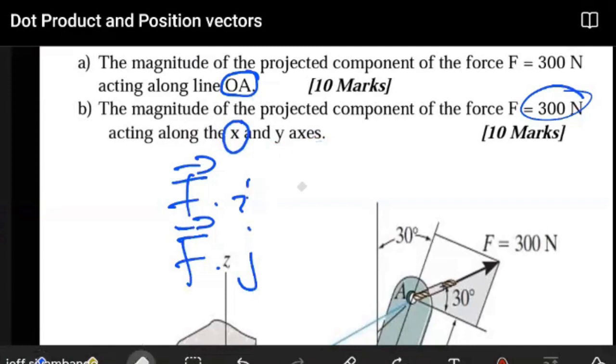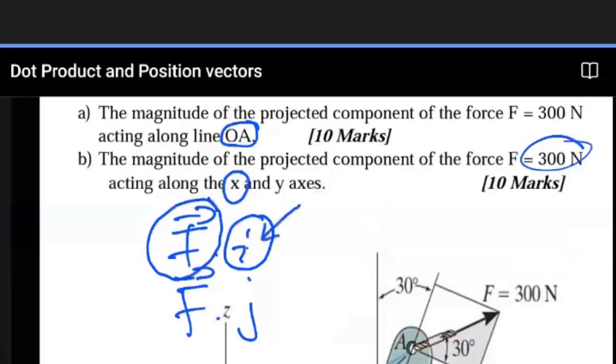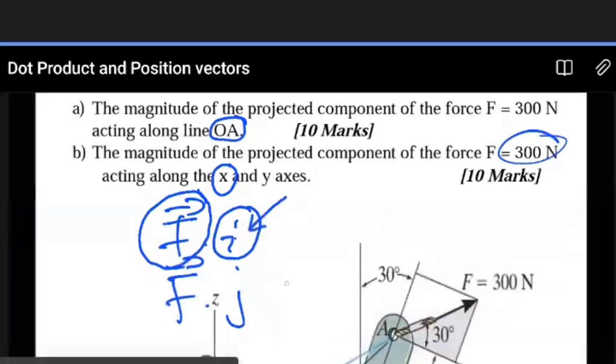Literally, I was saying, to get a projection of a vector onto an axis, we always get the dot product of the vector we're trying to project with a unit vector pointing in the direction of the axis where we want the projection to be made. For the x-axis, a unit vector pointing in the x-axis is i. There's no need for us to start trying to find it. And the unit vector pointing in the y-axis is just j.